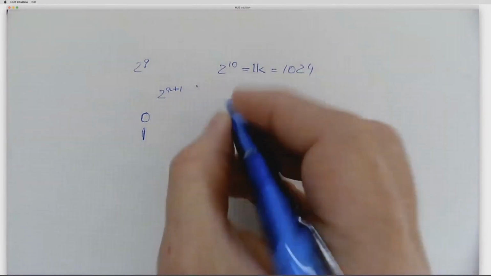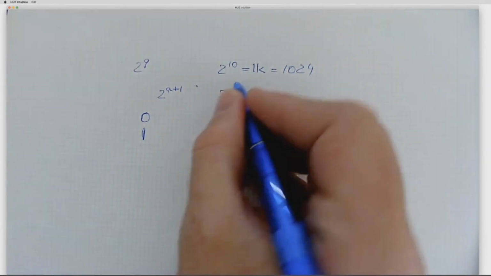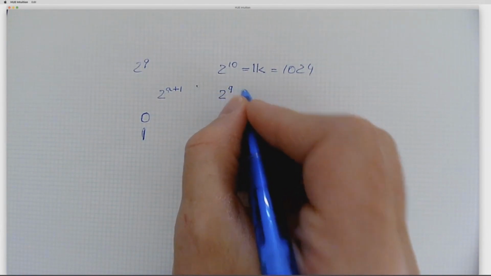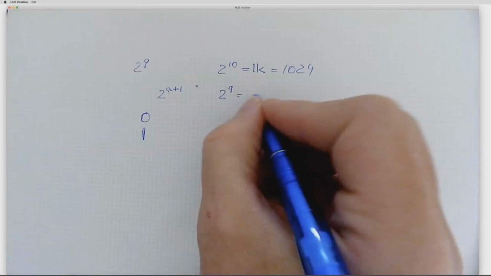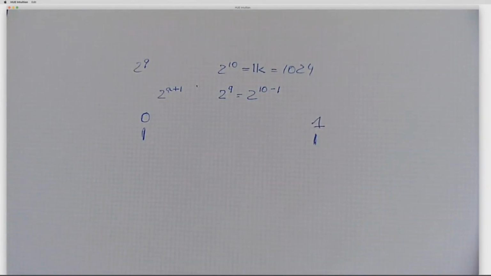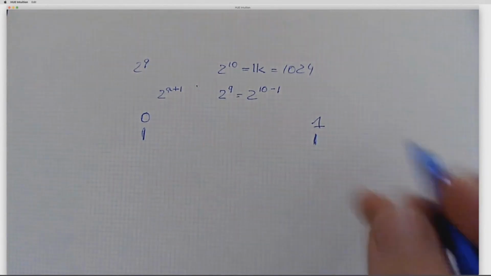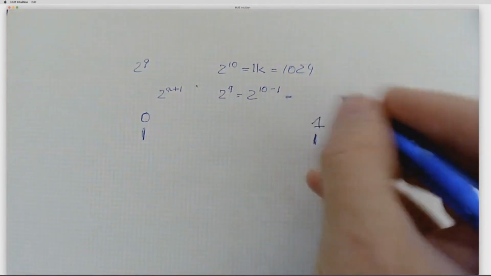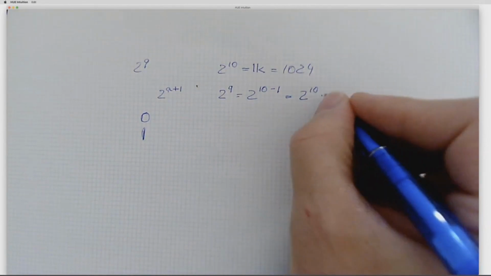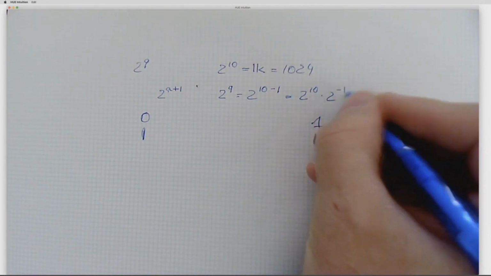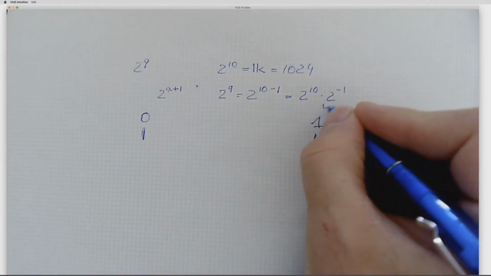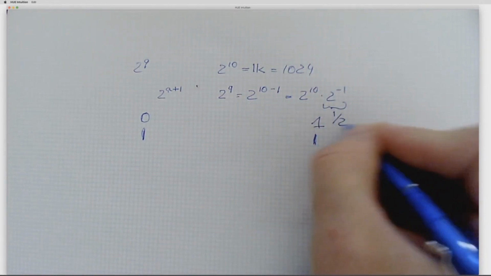The other way around, we will know what 2 to the 9 is by taking 2 to the 10 minus 1 and now applying the exponent rule. This is going to be 2 to the 10 times 2 to the negative 1, right? 2 to the negative 1 equals 1/2.